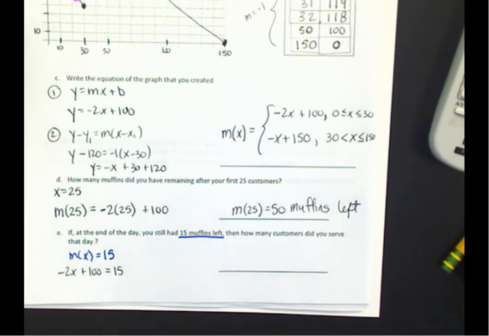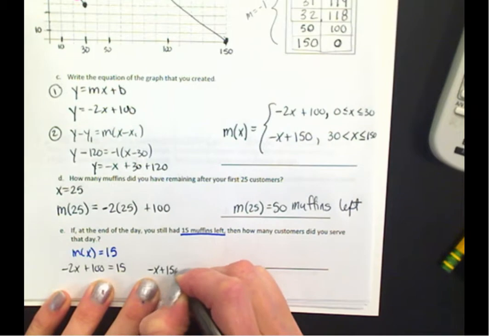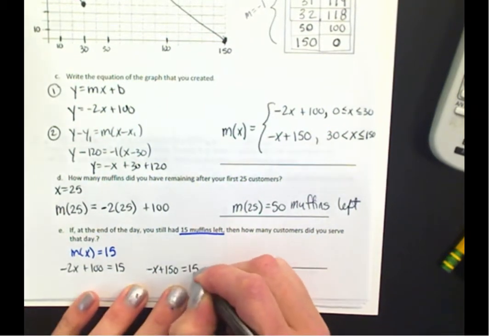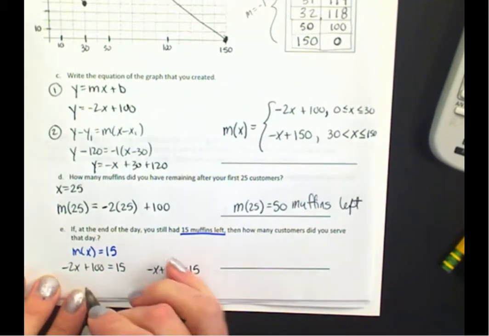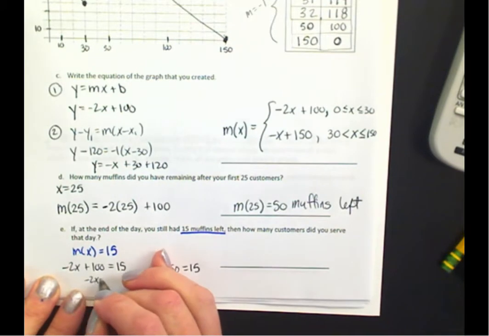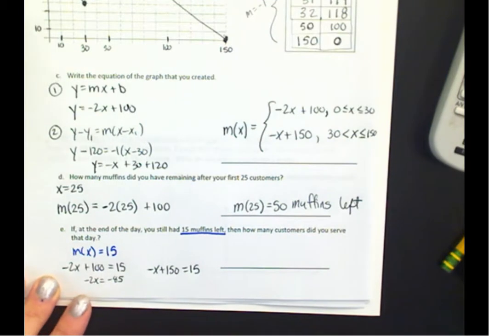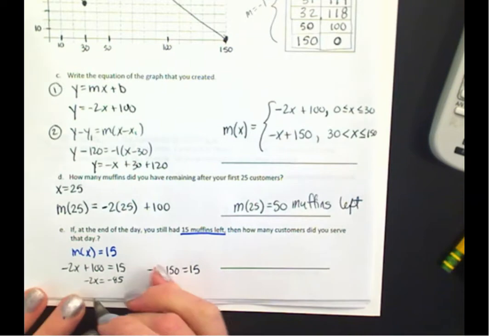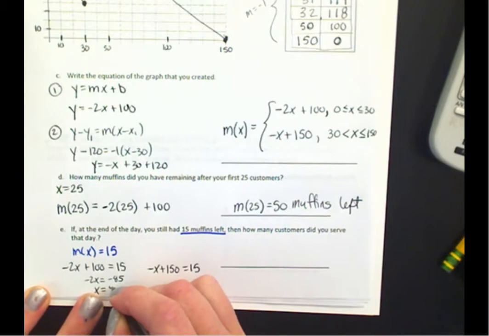I don't know if this is true, okay? But I'm going to set it up both ways. Okay, what if I'm talking about after the 30th customer? So solve both of them, and then let's look at the results. $42.5.